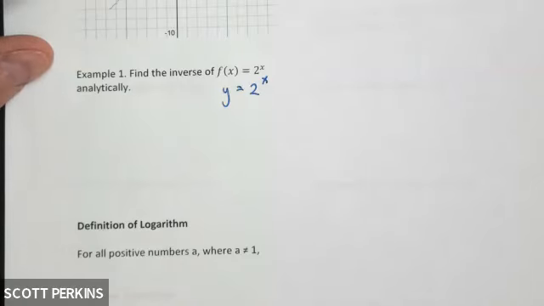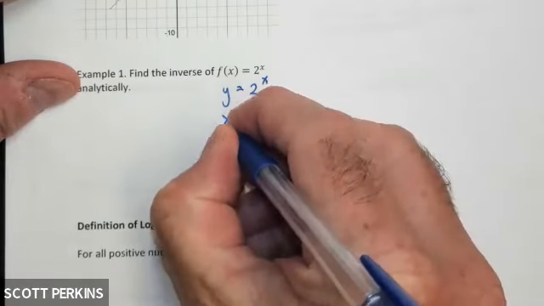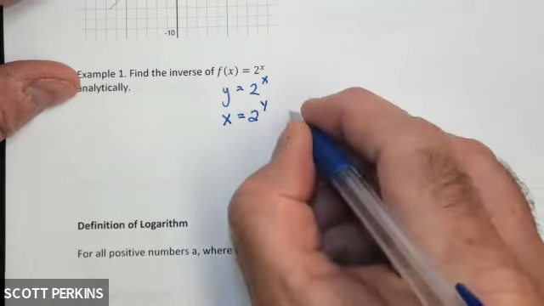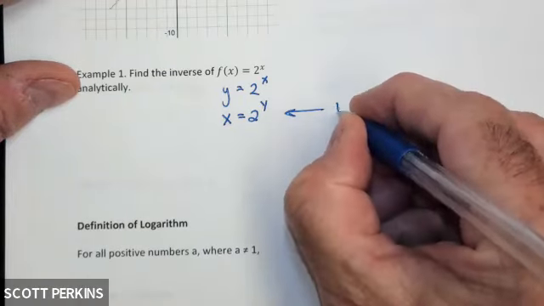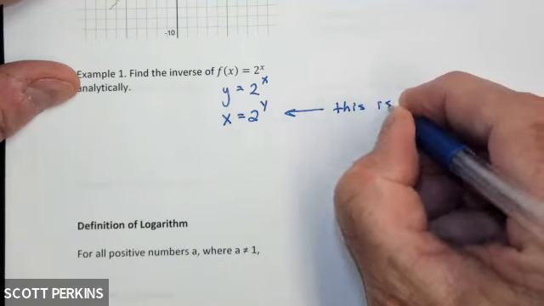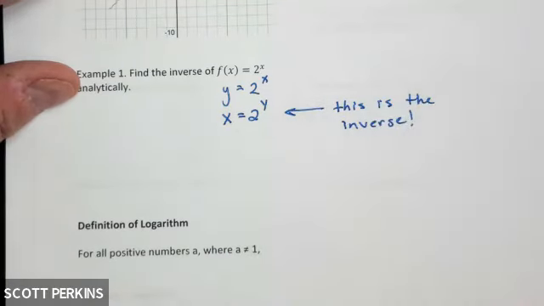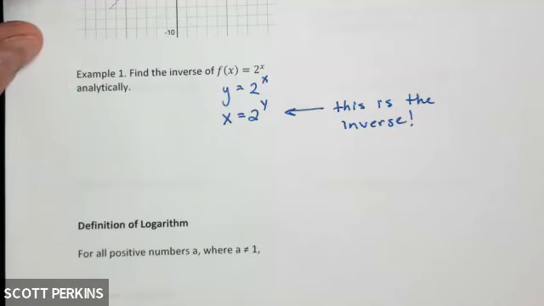Let's find the inverse. In any problem you do analytically, this is the inverse step. I'm going to flip-flop the x and the y. So I'm going to put the x over here, and I'm going to put the y in the power. This right here, this is the inverse. That is the relationship that defines that red graph.